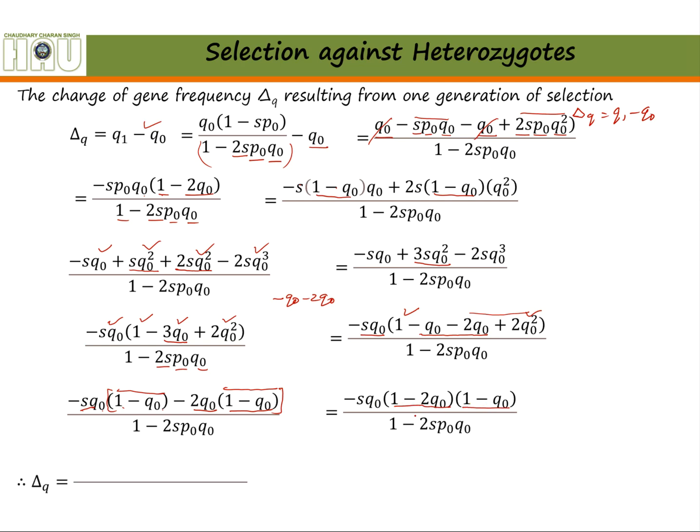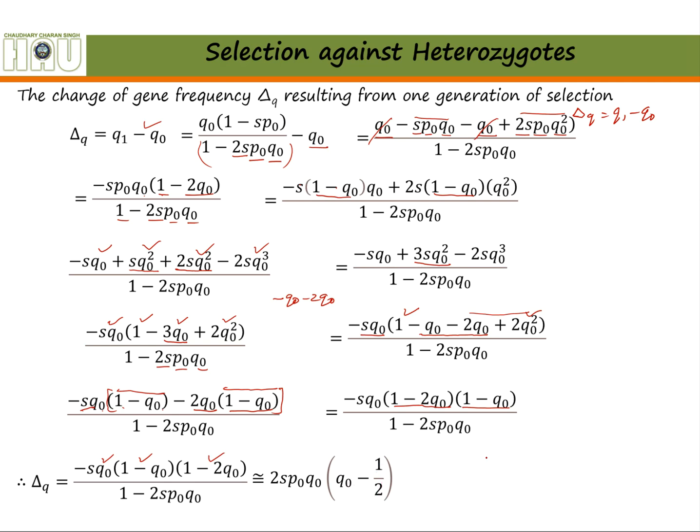So the delta Q can be written as finally minus SQ0, 1 minus Q0, 1 minus 2Q0 divided by 1 minus 2SP0Q0, and which is nearly equal to twice SP0Q0 into 1 minus Q0 minus 1 by 2.